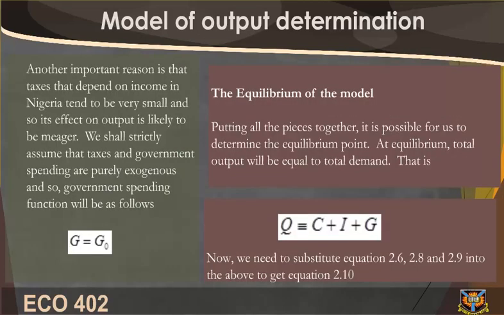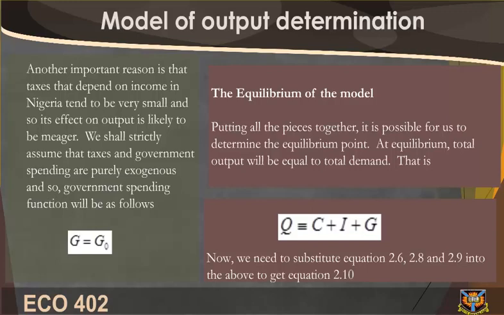Another important reason is that taxes that depend on income in Nigeria tend to be very small, and so its effect on output is likely to be meager. We shall strictly assume that taxes and government spending are purely exogenous, and so the government spending function will be as follows.